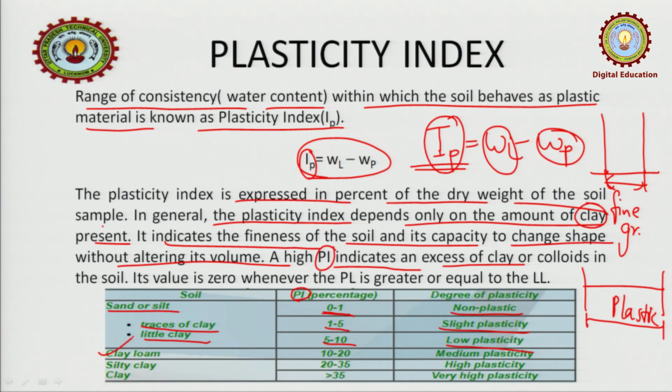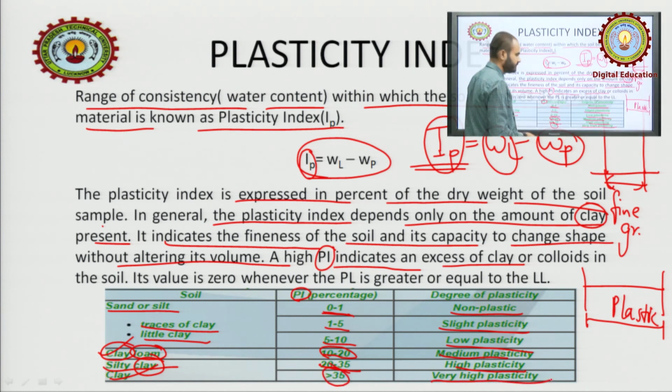Then clay loam is higher, because with loam, clay is also there. So it is medium plastic. Then silty clay means the clay content is higher, so again the plasticity is high. And if we are talking only of clay, then you can see it is greater than 35, very high plasticity. So these are the different cases of plasticity index. This was one of the indices.